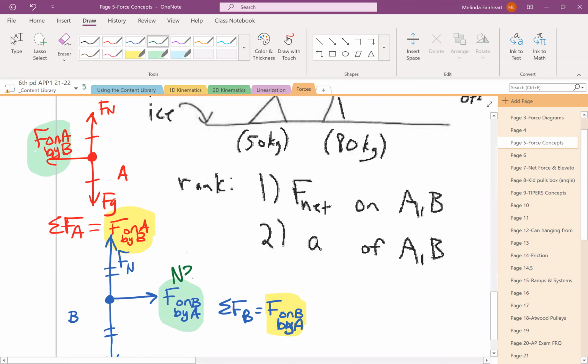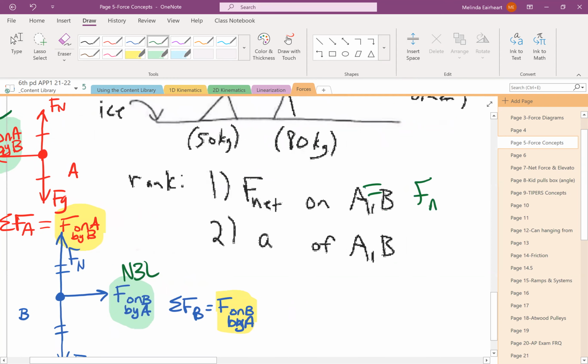They are one time on each object, and I have 2 separate objects. And so our answer to the first ranking is equal. So these two forces are equal, or you can say force A is equal to force B. The reason: Newton's third law. I push on you, you push on me.